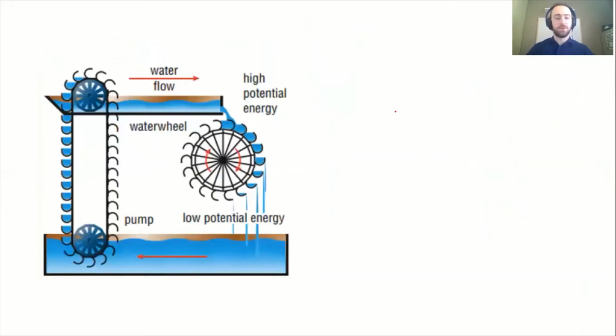So this is another little example. The entire system, or the entire field, consists of a container at the bottom filled with water, a pump, a container at the top, and a water wheel that spins when it interacts with water. Great, so that's the field. But what's going on here? At the bottom, water does not have the potential to carry out any work. It has low potential energy.